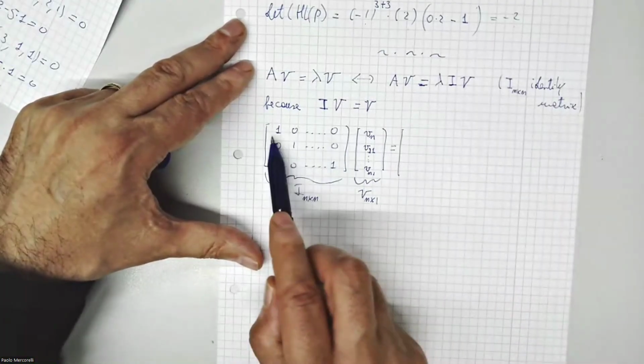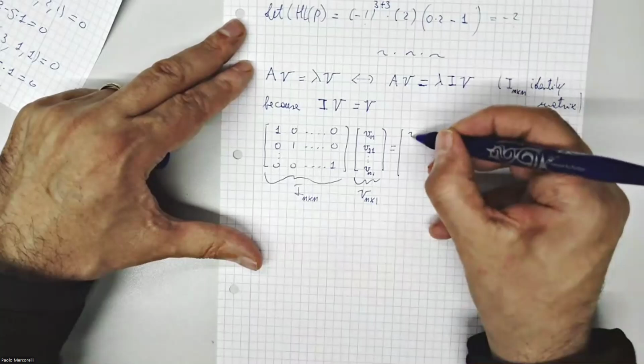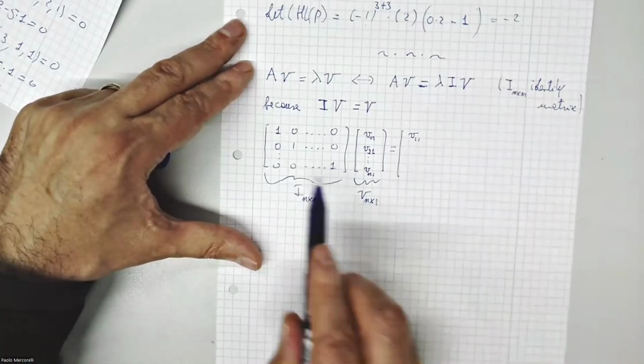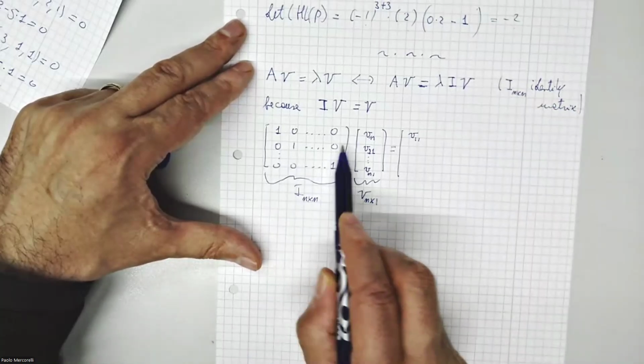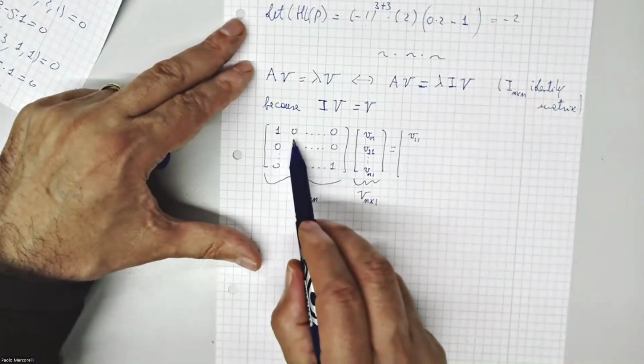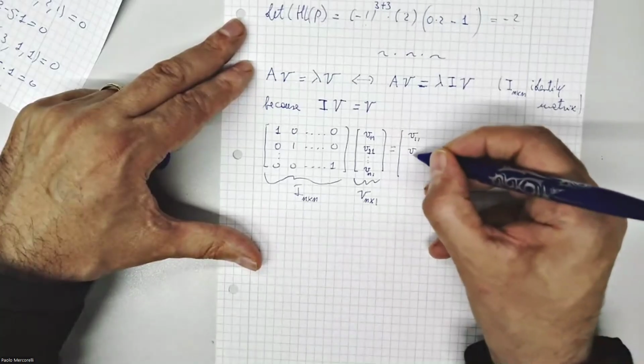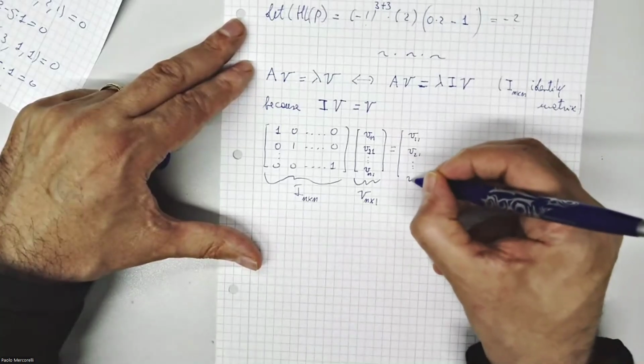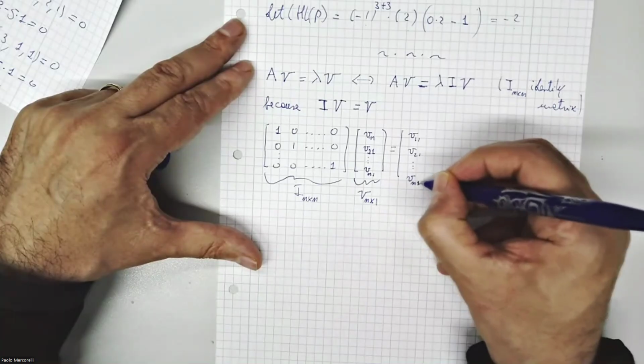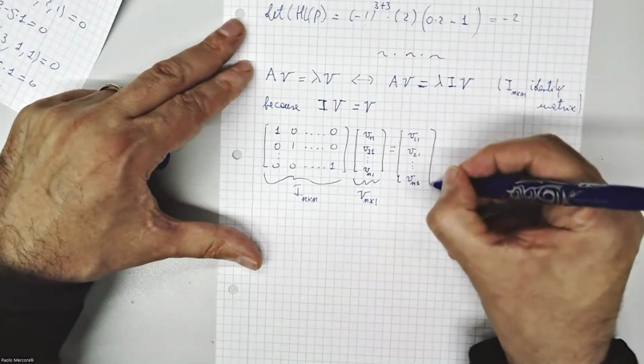I have everything 0 except the first element. This means V1. Row multiply column: everything is 0 except the diagonal element, which will take the second element. Now it's clear, if you continue, that we have exactly what I told you.